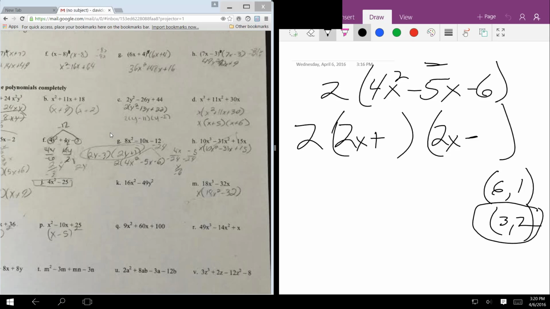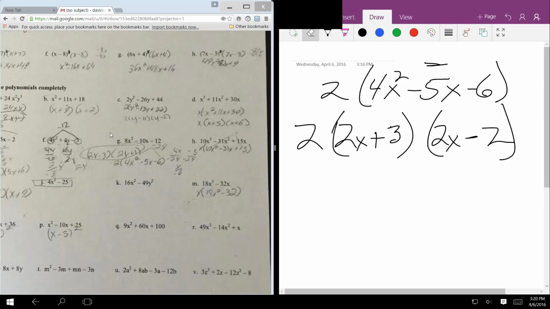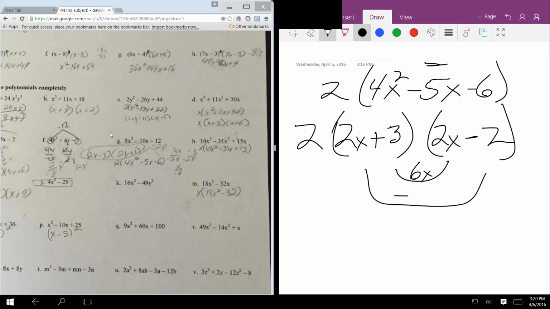It doesn't really matter where you start. If I write 3 and 2, does that produce the correct middle term? No, it doesn't. Wait. That's 6x. That's minus 4x. So that produces a middle term of 2x. This is a critical step here.